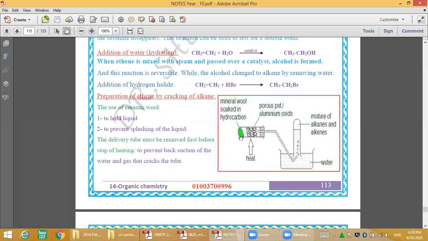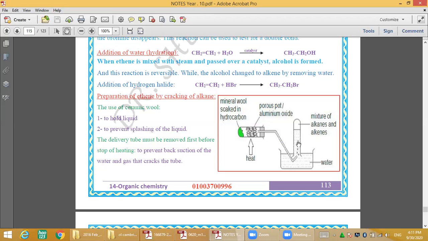After that, we are making cracking. This aluminum oxide is used as a catalyst. You will find that bubbles are produced. After finishing the experiment, we remove the delivery tube. Why didn't we put out the fire first? Because we must prevent back suction, or sucking back, of the water that would crack the tube.